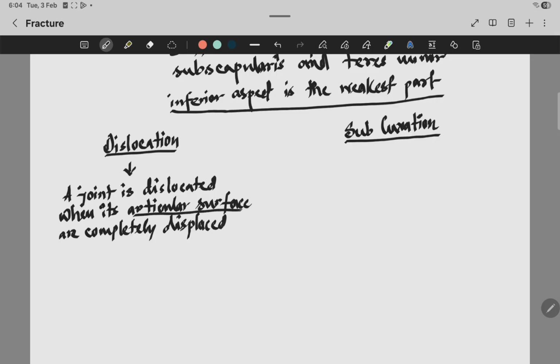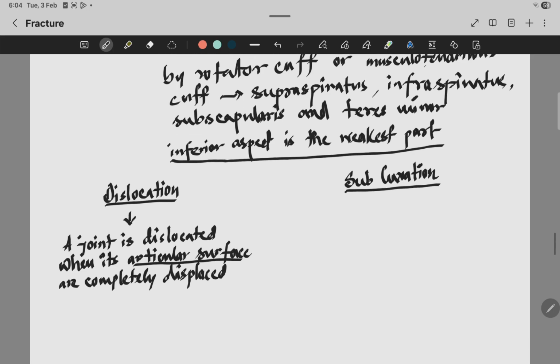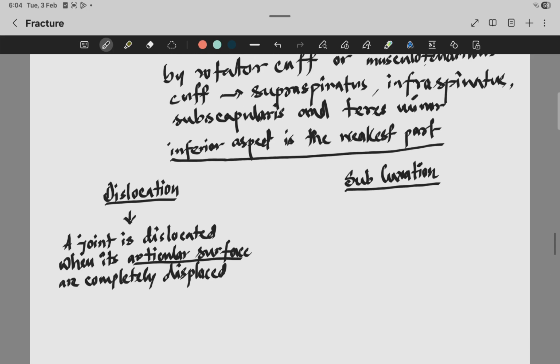Here the articular surfaces mean the glenoid cavity and the head of the humerus, which are completely displaced one from the other. So the important term here is completely displaced, that is the dislocation.